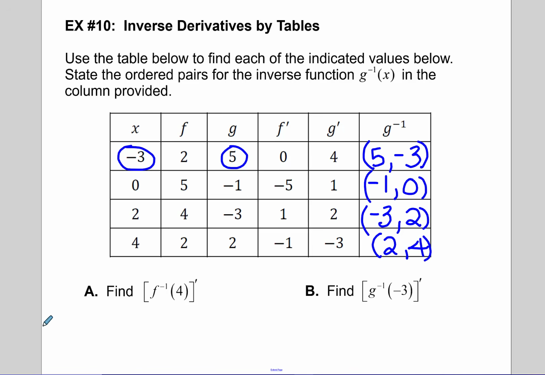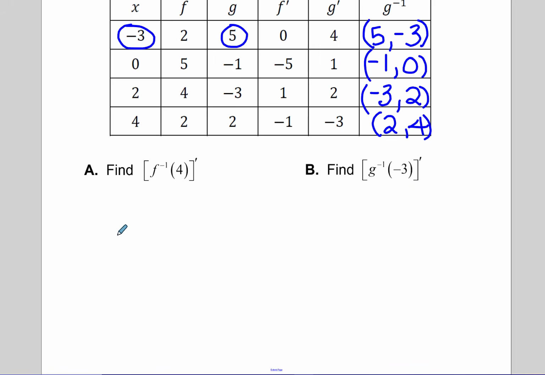Okay, so here we go. We want to find the F inverse prime of 4. So our notation's a little cumbersome sometimes. The F inverse prime at 4 is 1 over the F prime. See, at 4, this is the Y value on F, so it's the X value on the inverse.